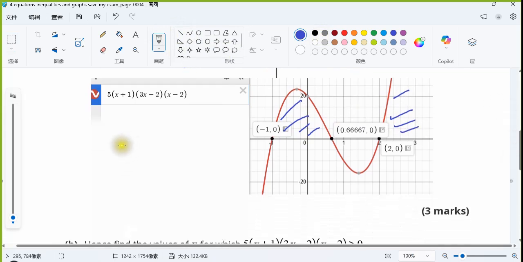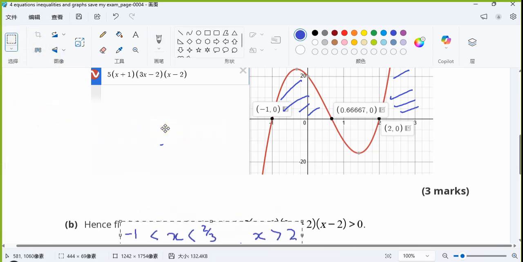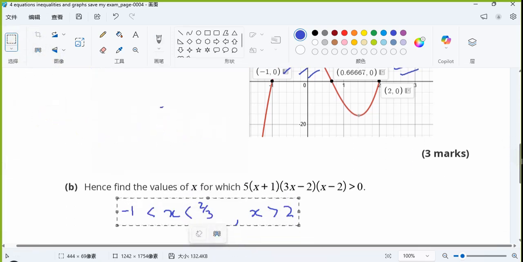So the answer will be x between, there is no equal, so we don't write equal here, negative 1 and 2 over 3. At the same time, x is greater than 2. So this will be the answer for part B.